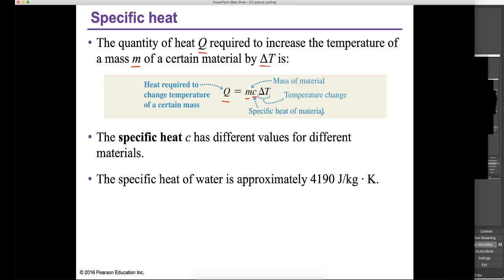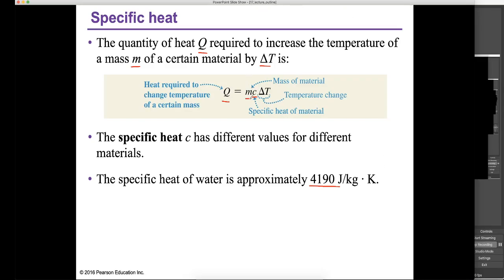It depends on the type of material. Delta T is the temperature change. So the specific heat c has different values for different materials, and the specific heat of water is about 4100 joules per kilogram K.